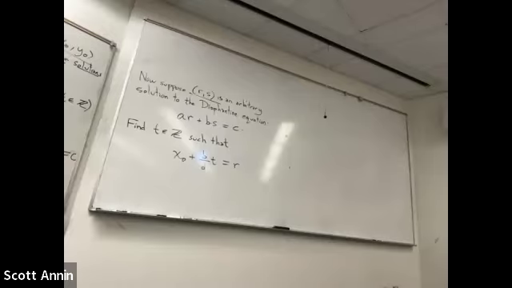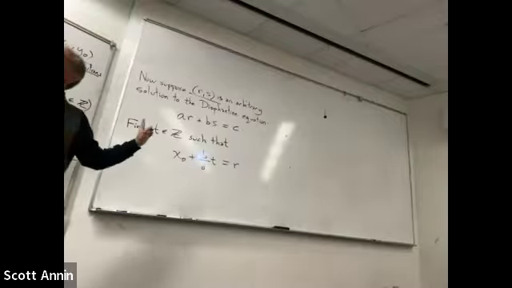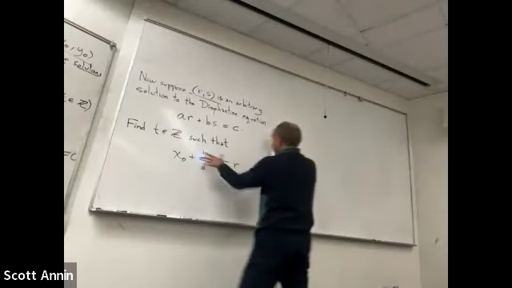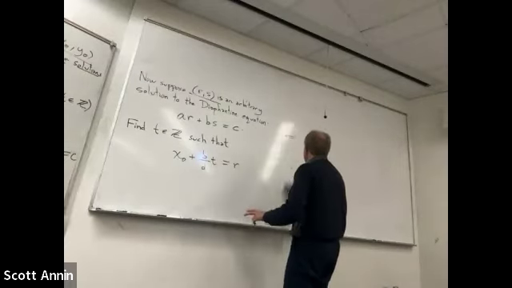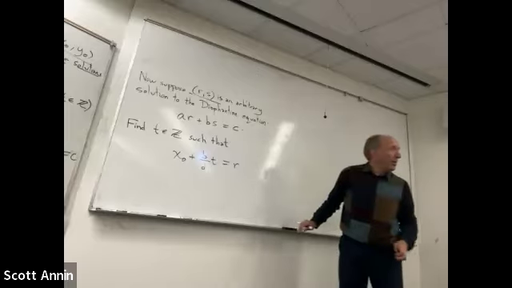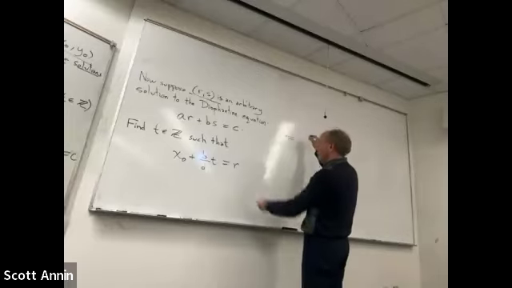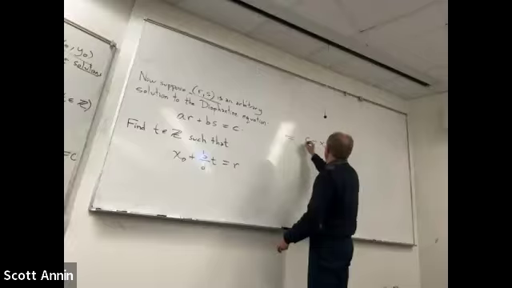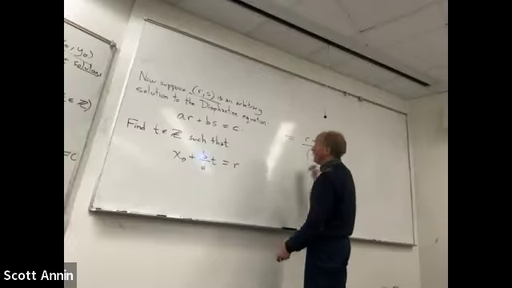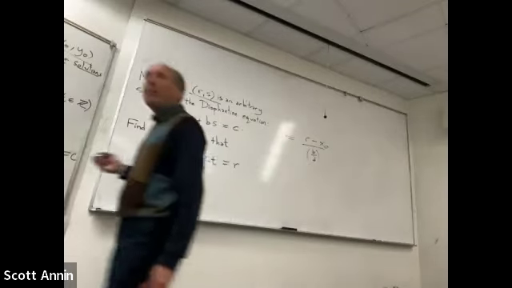Is anybody bothered by that at all? Because I was. I'm just wondering how we can make sure that t is actually an integer. According to this formula, you don't need to write this down, I'm just scribbling for a minute, t is r minus x naught divided by b over d. If I solved for t, that's what it would be.